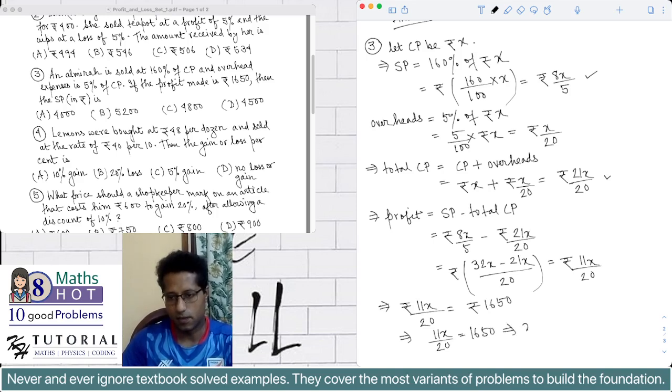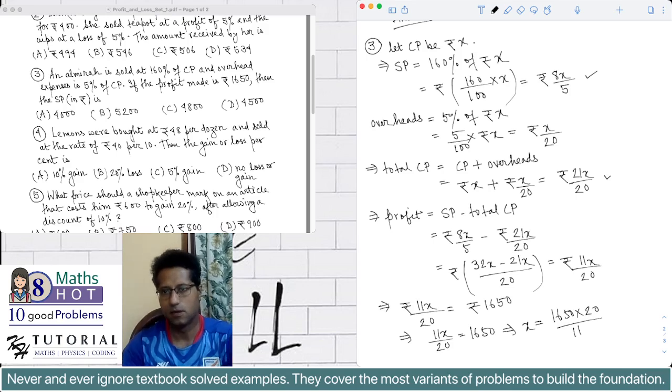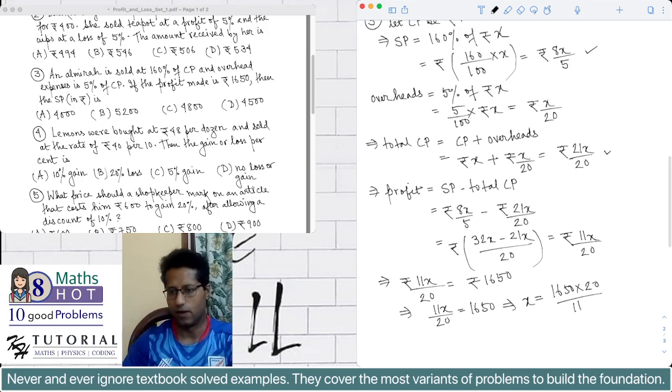This implies X is equal to 1650 multiplied by 20 divided by 11. Okay. Now the question is what is SP? Now SP will be 8X by 5.